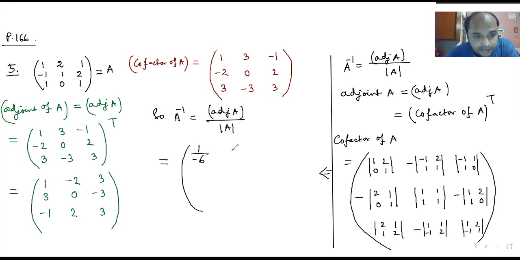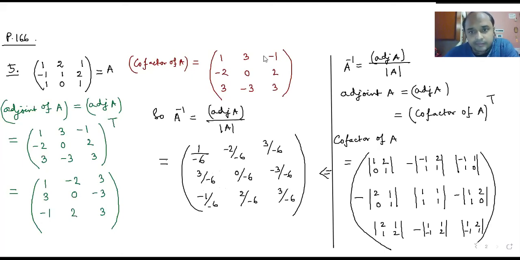1 by -6, -2 by -6, 3 by -6, 3 by -6, 0 by -6, -3 by -6, -1 by -6, 2 by -6, 3 by -6.